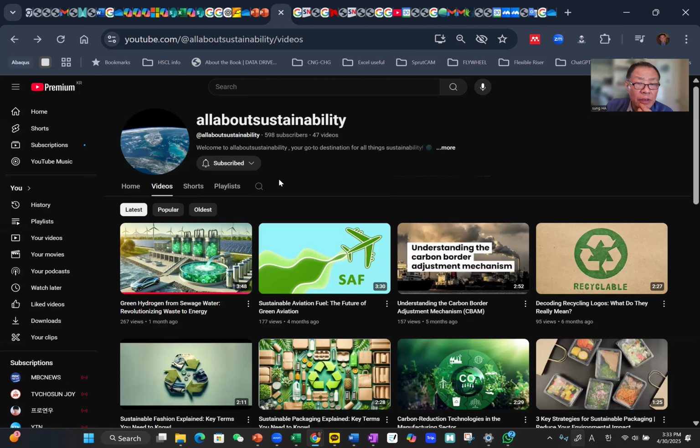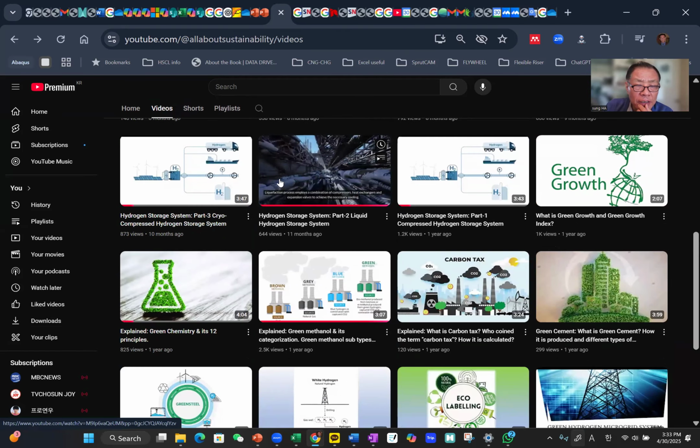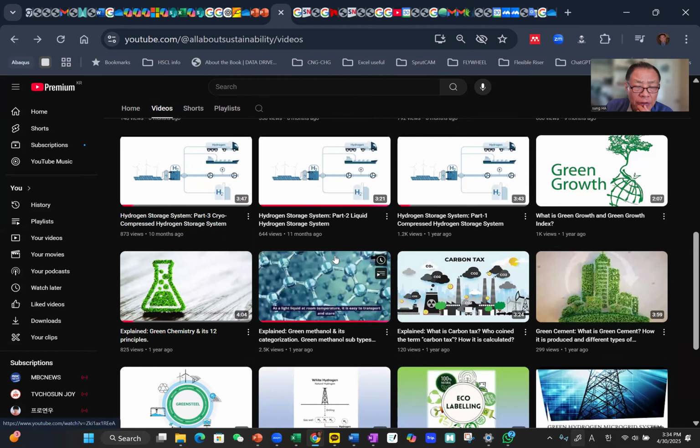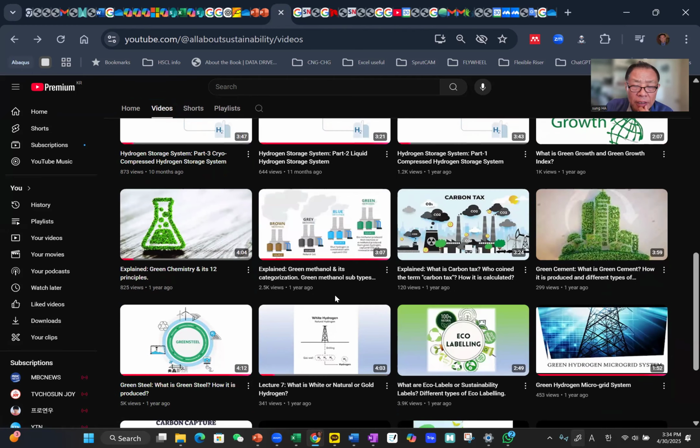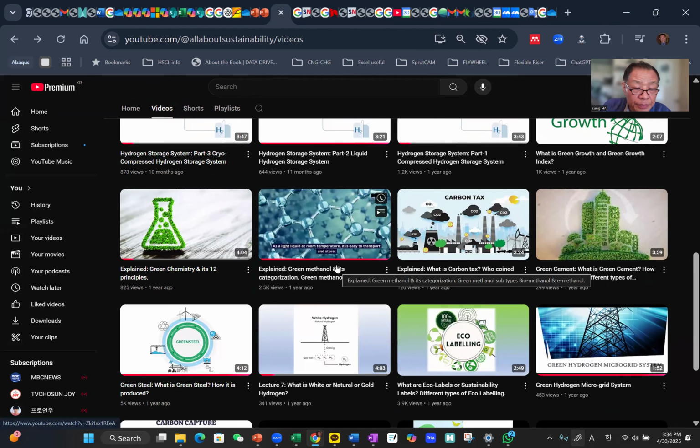It's relatively recently developed. I noticed that this reviews hydrogen storage very well, but this is not the only one. We can find a lot of further information about the storage methods.